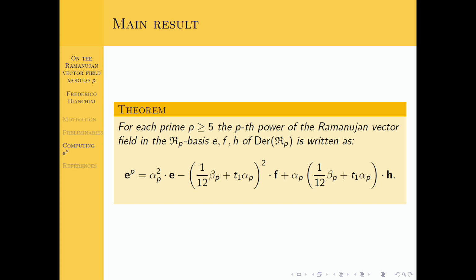The first coefficient is alpha_p squared. The second one is 1 over 12 beta_p plus T1 alpha_p squared, etc. So these are quadratic polynomials in alpha_p and beta_p.